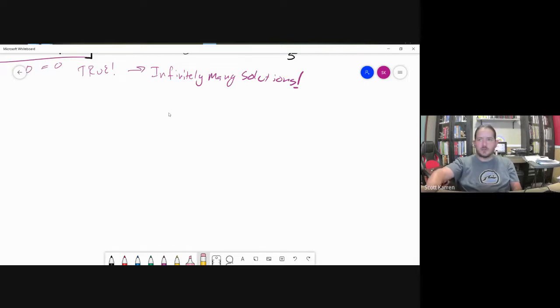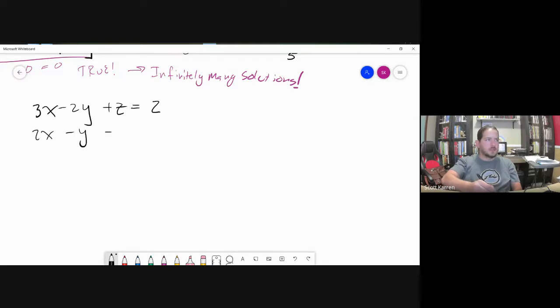Let's start from scratch. If I have the system 3x minus 2y plus z equals 2, 2x minus y plus z equals 3, and then 3x minus 7y plus 5z equals 4.